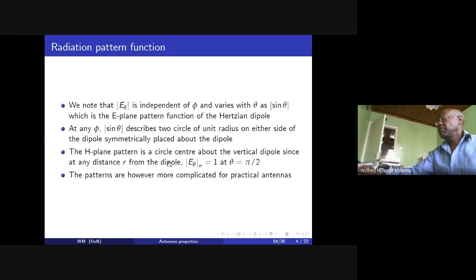We have talked about very short lengths, but for practical antennas, the lengths will become of comparable magnitude with the wavelength of the signal. And therefore, this will introduce other issues into the patterns, and we shall see that the practical patterns will not have this kind of pure looking patterns.